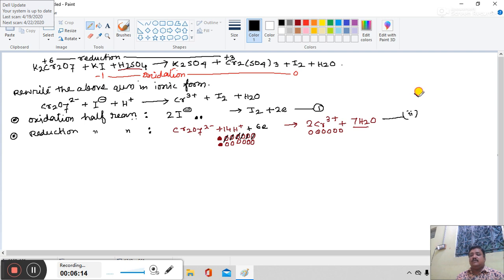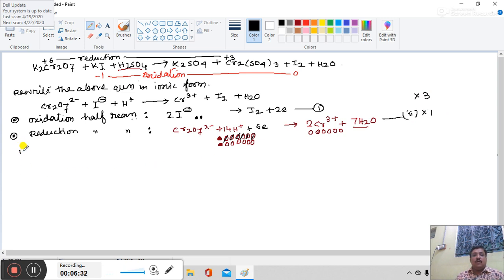Now after this step, we multiply the reactions in such a way that the electrons on both sides become equal. For this reason, equation 1 is multiplied by 3 and equation 2 by 1.